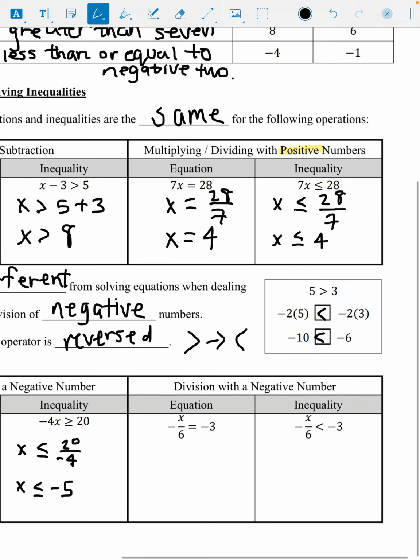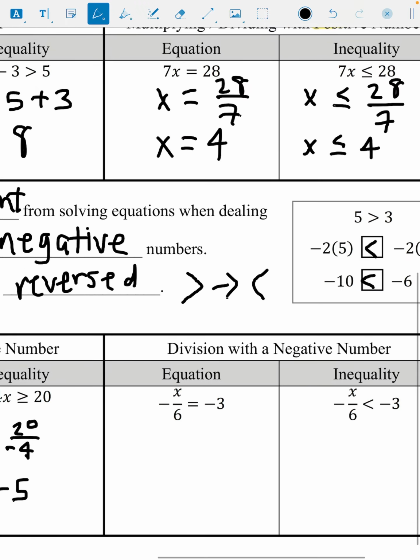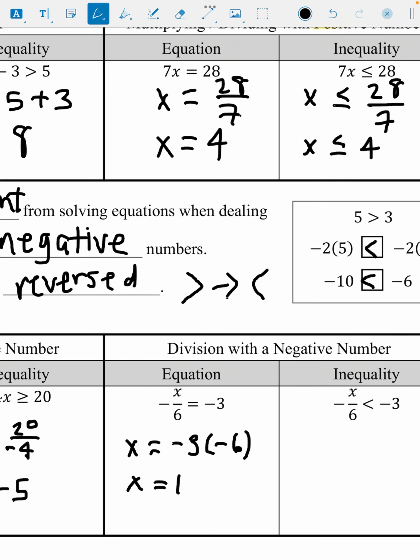So let's do the same thing, but with division with a negative number. So when we solve this equation, we have that x equals negative 3 times negative 6. So x equals 18.